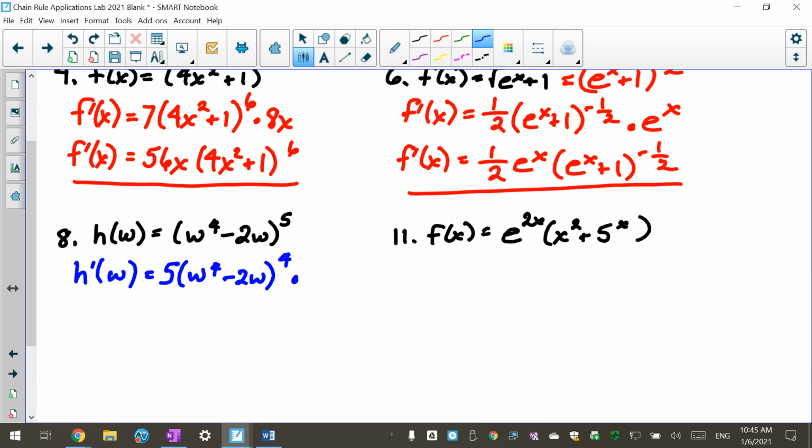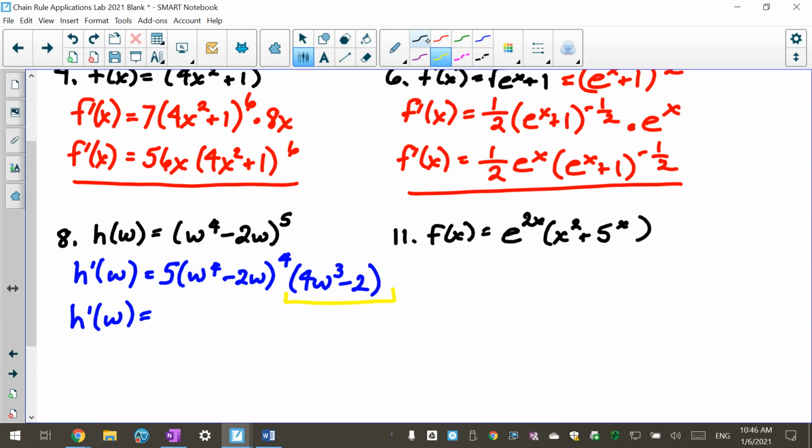And when I do the derivative of the inside, and you really don't need this multiplication sign because it's going to be a binomial, the derivative of w to the 4th is 4w cubed, and the derivative of negative 2w is negative 2. So I have done that. Now, the only thing I did different on this one to make it nicer in factored form is I noticed I could factor a 2 out of this one, because this one's to the 4th power.